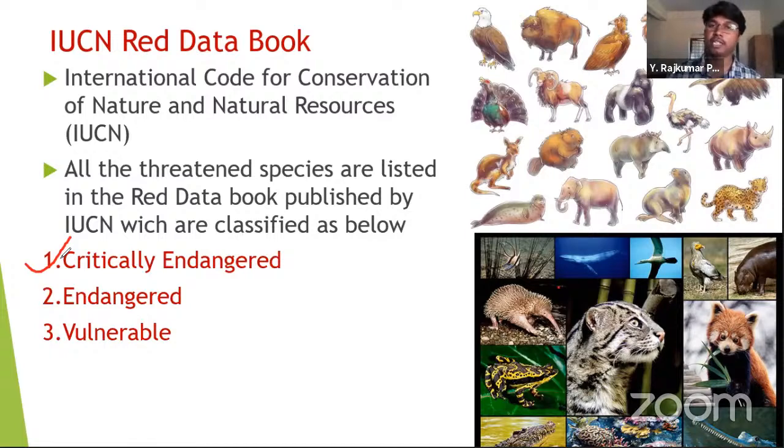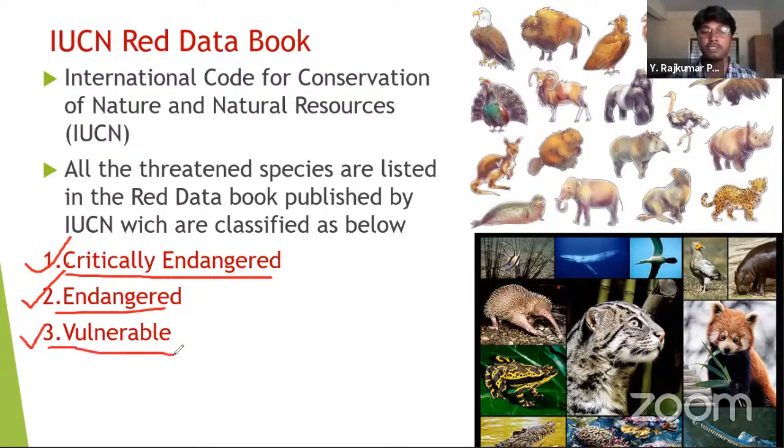They are protected by all the governments. Next, endangered animals, they are also going to be extinct in the near future. So they also must be protected. Next is vulnerable species. These vulnerable species may become extinct in future generations, in 100 to 200 years. So they have listed the animals in this pattern.